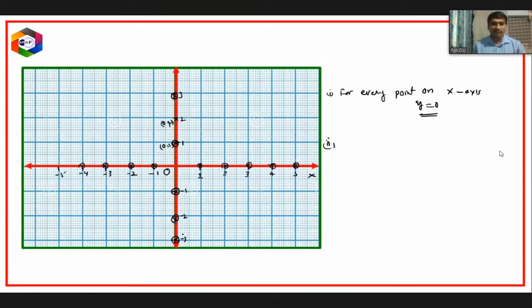So for every point on the y-axis, if you observe, the horizontal distance or the distance along the x direction is 0. So for every point on the y-axis, the horizontal distance or the x value becomes equal to 0. Therefore, this is called the equation of the y-axis.